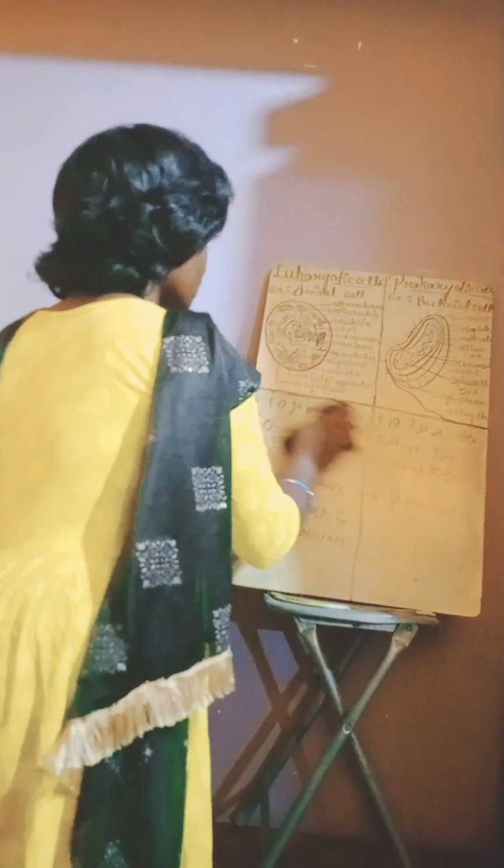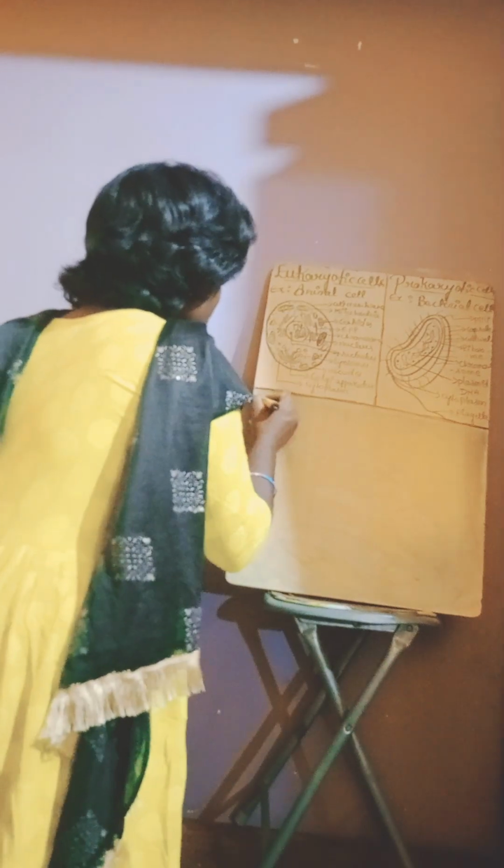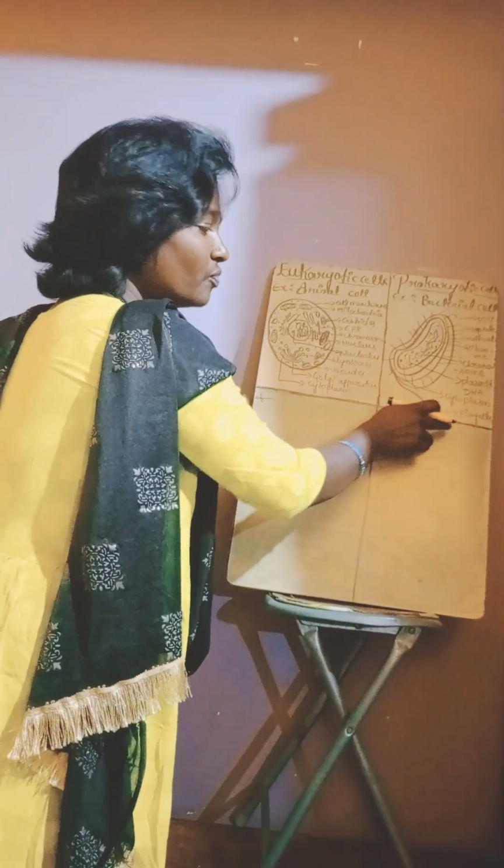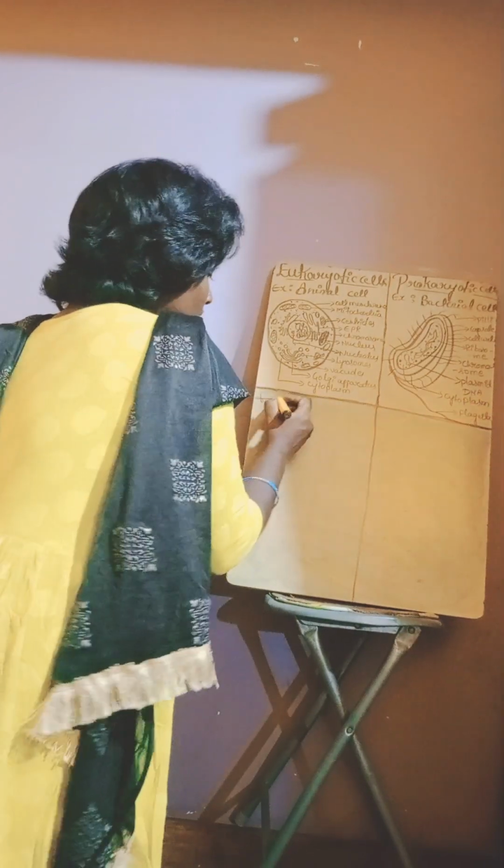Next one is, in case of eukaryotic cells, there is no presence of whip-like structure or flagella.